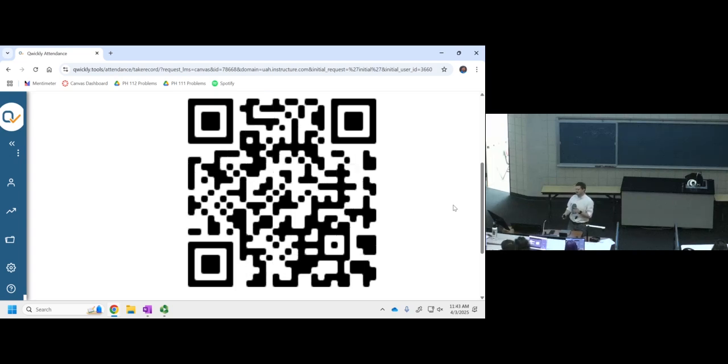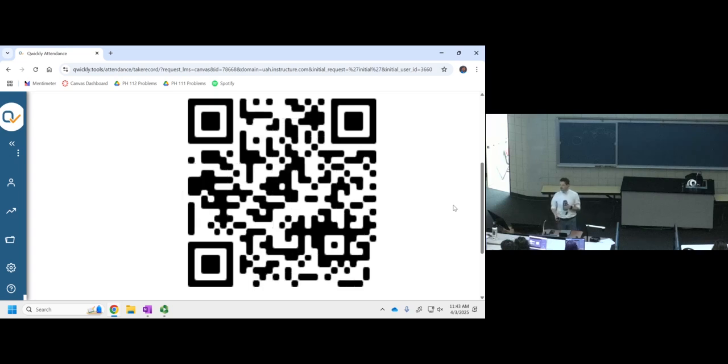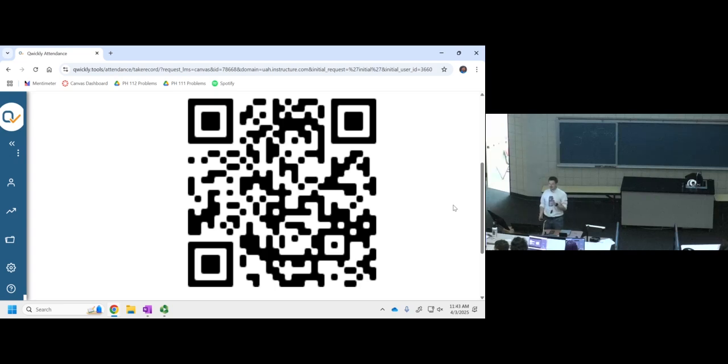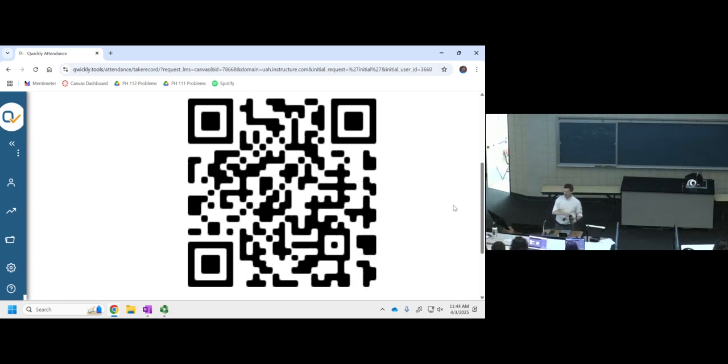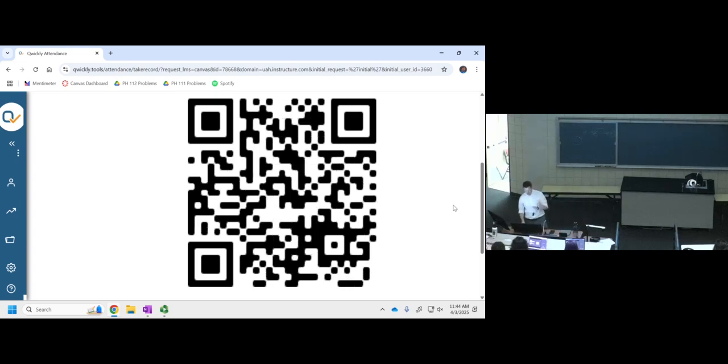Being one of the professors who's piloting Quickly, I had to fill out a survey about how it's going using Quickly. And so I tried to use as many Quickly puns as I could in my survey results. Students are able to quickly scan the QR code. I can't remember all of them off the top of my head, but I was very proud of myself.